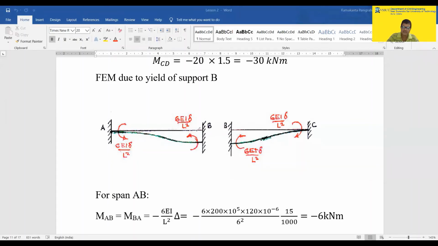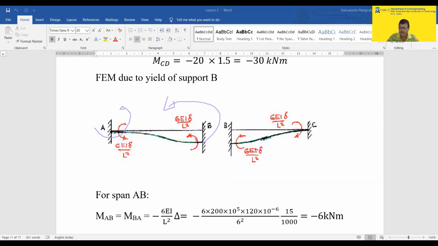We have seen that MAB and MBA in case of settlement have the same sign convention. The nature of the moment will be the same on both ends. Because here it is 6EI delta by L square, this is anti-clockwise, so this is also anti-clockwise.